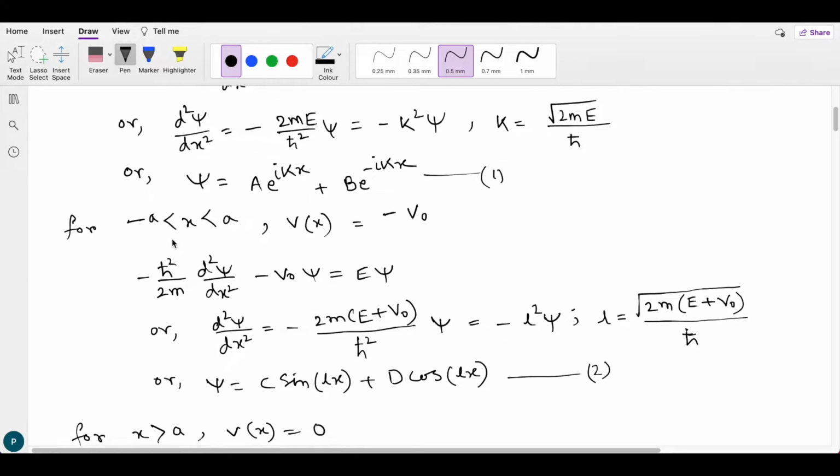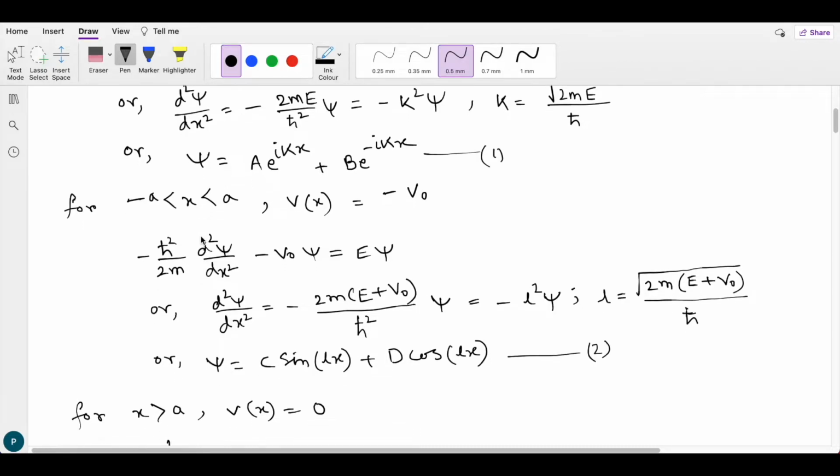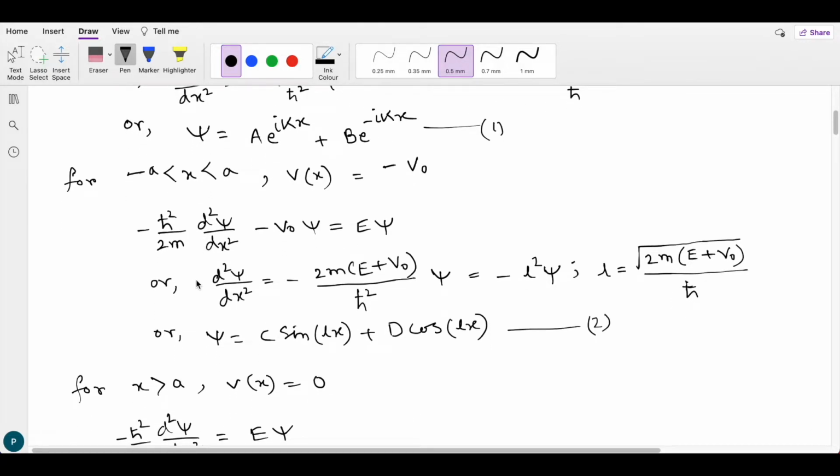Now for the region minus a to a, the potential is minus V naught. If we use the Schrodinger equation in 1D, we get minus h bar squared by 2m d2 psi by dx squared minus V naught psi equals E psi, or d2 psi by dx squared equals minus 2m into E plus V naught by h bar squared into psi.